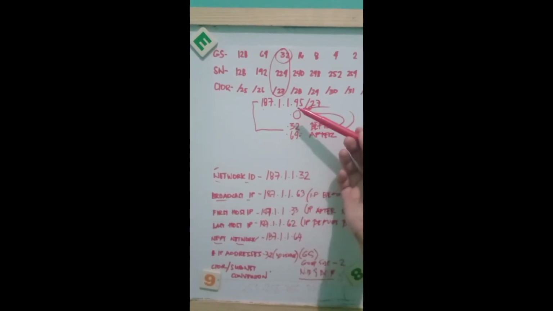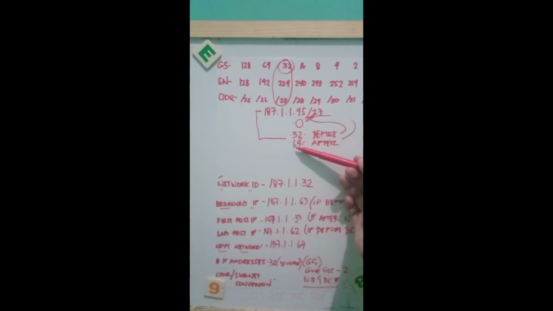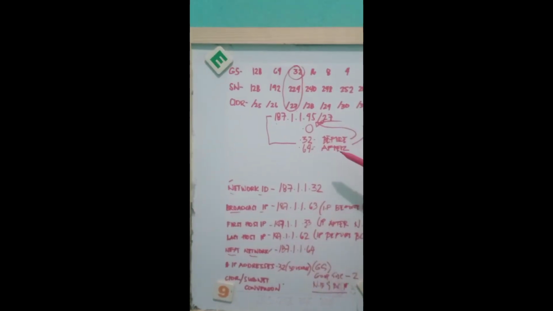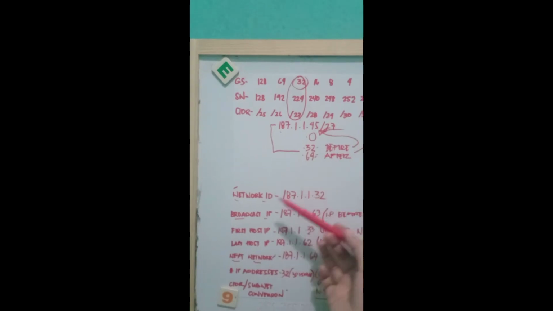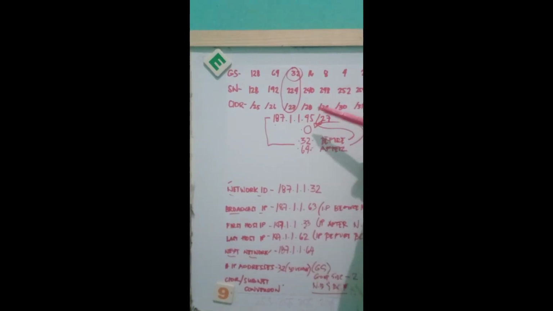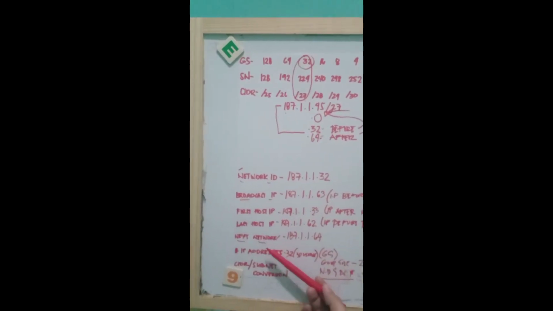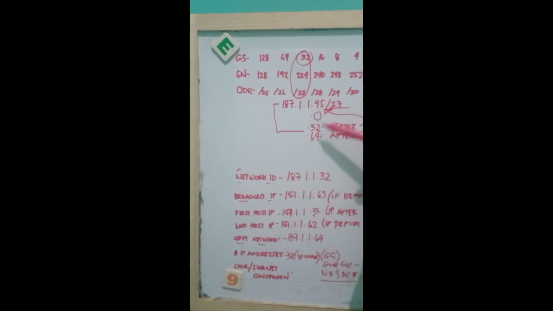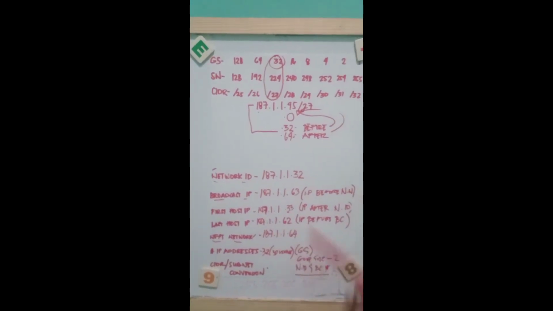This time we have passed the target IP, which is in between .32 and .64. Remember, the number before the target IP is our network ID, and the number after is our next network. Once again, the number before the target IP is .32. Therefore, our network ID is 187.1.1.32.